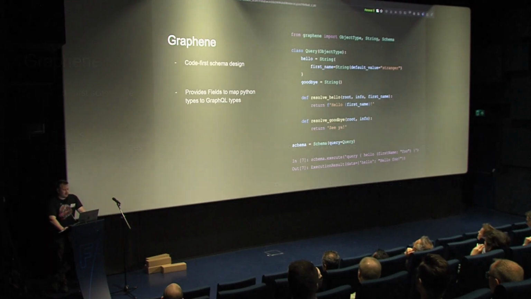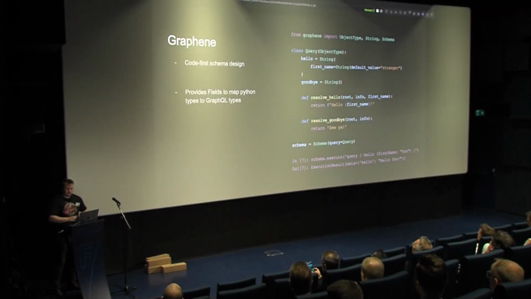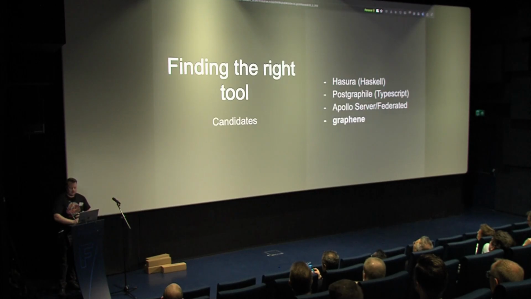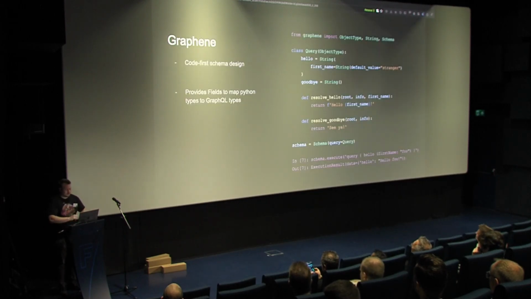What it looks like is, I want to define a schema. The first step is to define what is in the schema. In Graphene, you do that with object types. It's code first, so everything is done in code. In the other tools here, it's sometimes schema first, so you first have to define the GraphQL schema, or configuration, but in this situation you just have to write some code.